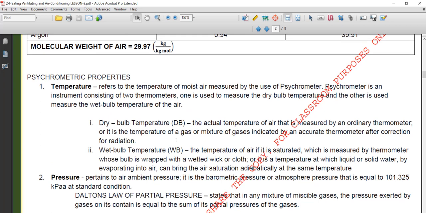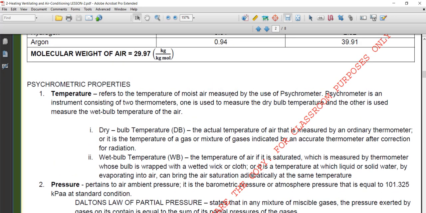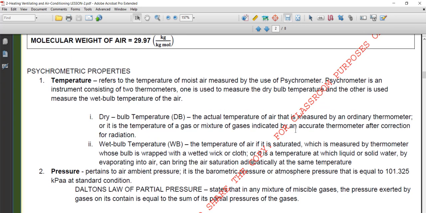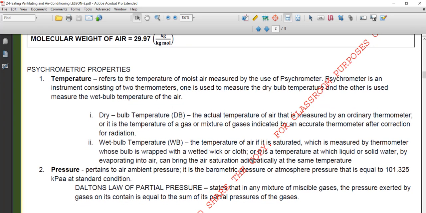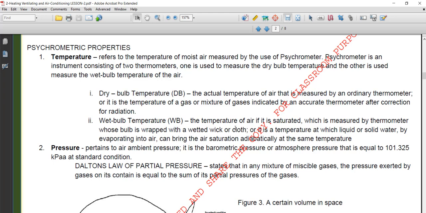The temperature refers to the temperature of moist air measured by the use of a psychrometer. A psychrometer is an instrument consisting of two thermometers. One is used to measure the dry bulb temperature and the other is used to measure the wet bulb temperature of the air. The dry bulb is the actual temperature of air measured by an ordinary thermometer, or the temperature of a gas or mixture of gases indicated by an accurate thermometer after correction for radiation.